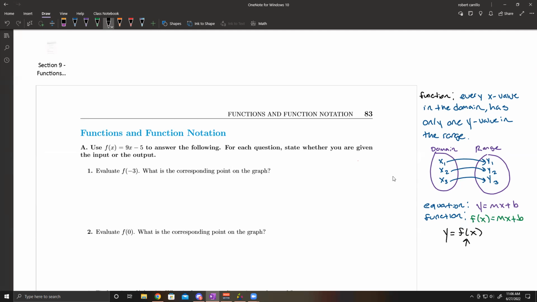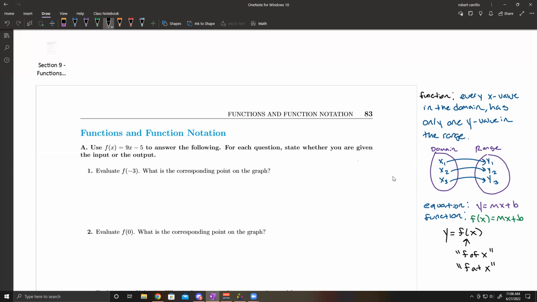And the way you say this notation is you say f of x, or f at x. It's the values of f, or you can even say the values of y at x.